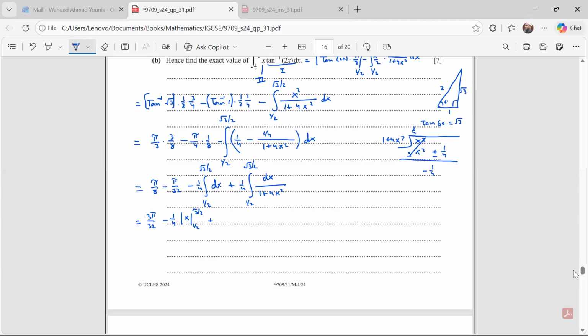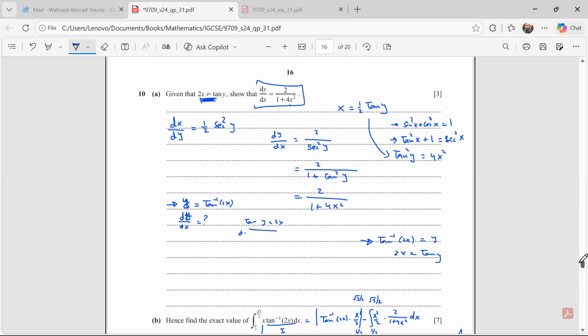Plus, there was a 2 somewhere. You remember we saw over here that, yes, 2 over 1 plus 4x squared.